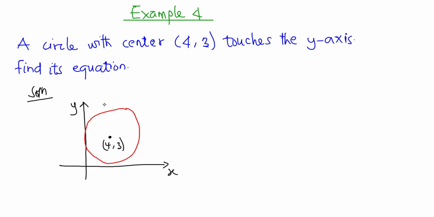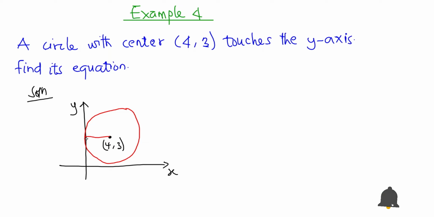We can see that the distance from where the circle touches the y-axis to the center is basically the radius of the circle, because the distance from the center to any point on the circle gives us the radius.